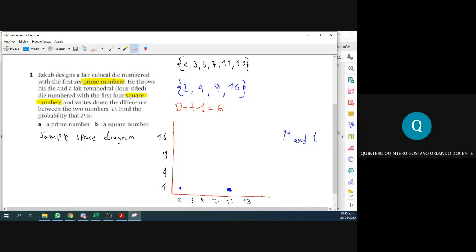Did you see? Every single dot that I create inside my diagram represents a possible combination. If I do all the dots, it's going to take a little while, but I am going to be representing every single possibility.